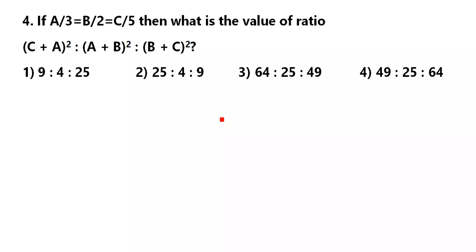If a by 3 is equal to b by 2 is equal to c by 5, then what is the value of the ratio c plus a whole square is to a plus b whole square is to b plus c whole square?